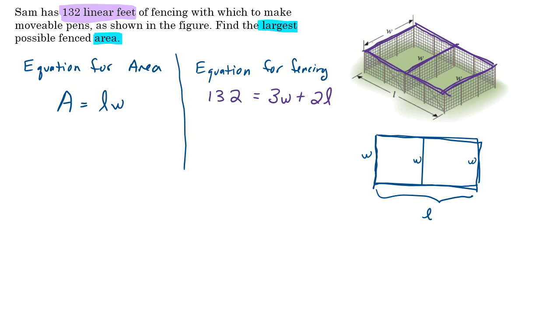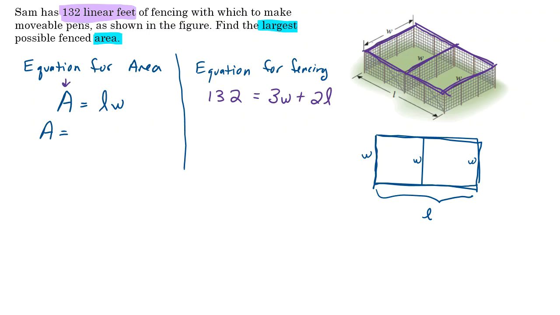All right. So we really have two equations that involve length and width. Now what we really want to do is maximize this area. So we want to find a formula for area, but we only want one variable over here. We don't want length and width. So what we can do is use this equation and solve it for either length or width and then substitute into the other equation.